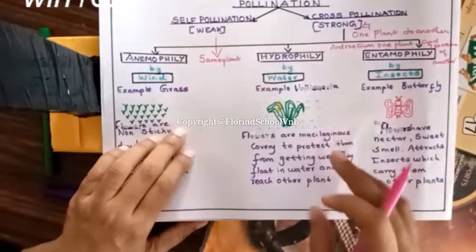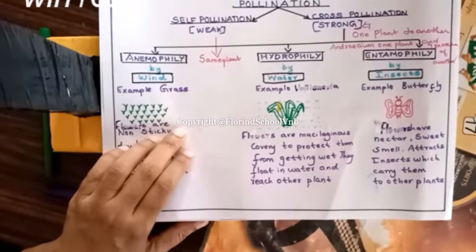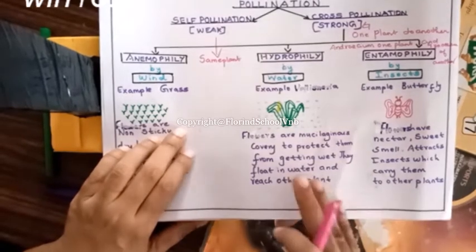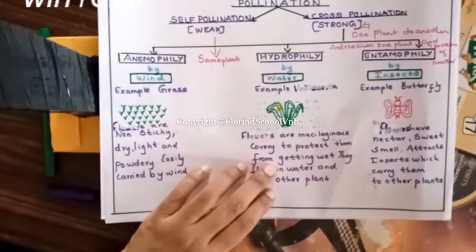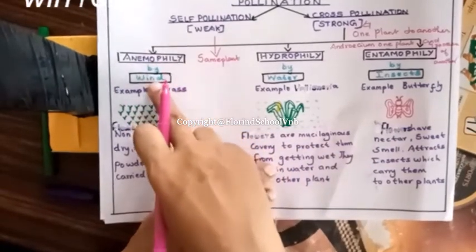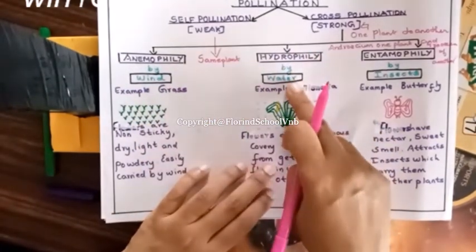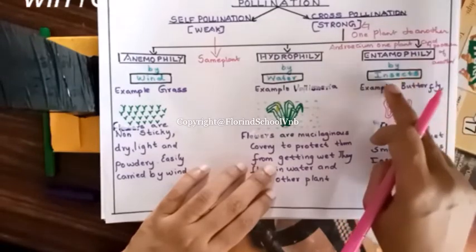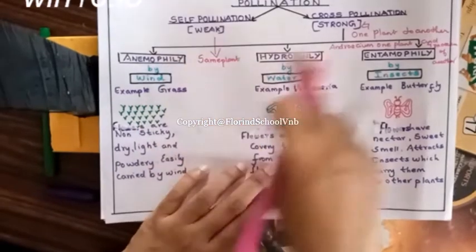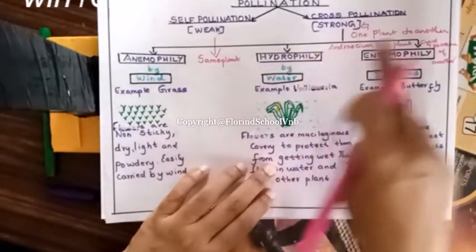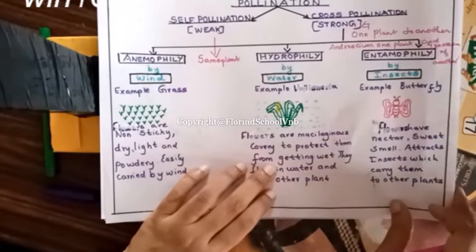By water, the flowers are watery, and so they don't get wet easily, and then they float in water and reach the other plant. A butterfly carries the flowers to other plants. Okay, so by wind, anemophily; by water, hydrophily; by insects, entomophily.